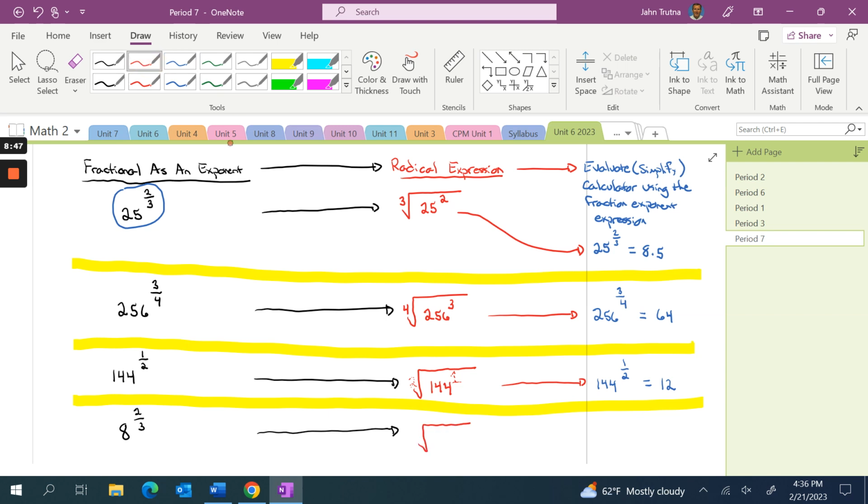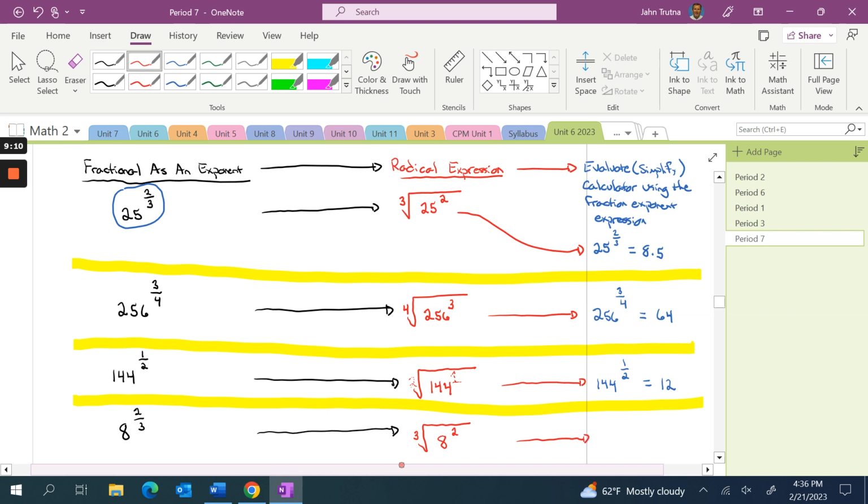The index is the denominator of my exponent, so that's a 3. The base of the exponent, the 8, I put inside the radical symbol. And then that 8 has an exponent of 2, which is the numerator of my exponent. So I get the 3rd index of 8 to the 2nd power. We would call it the cube root of 8 to the 2nd power.